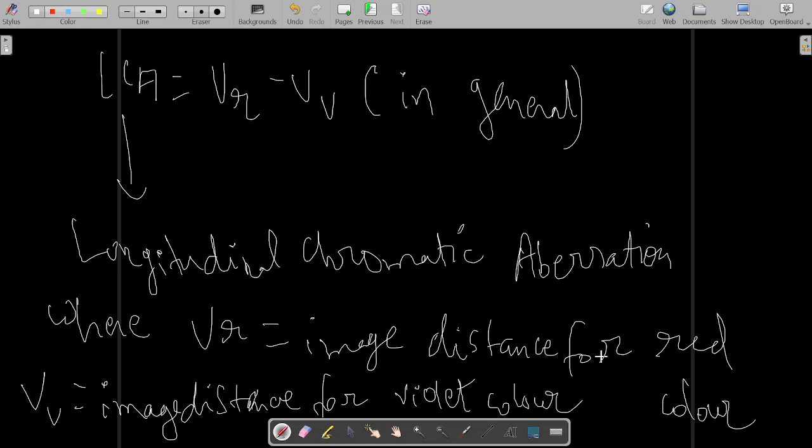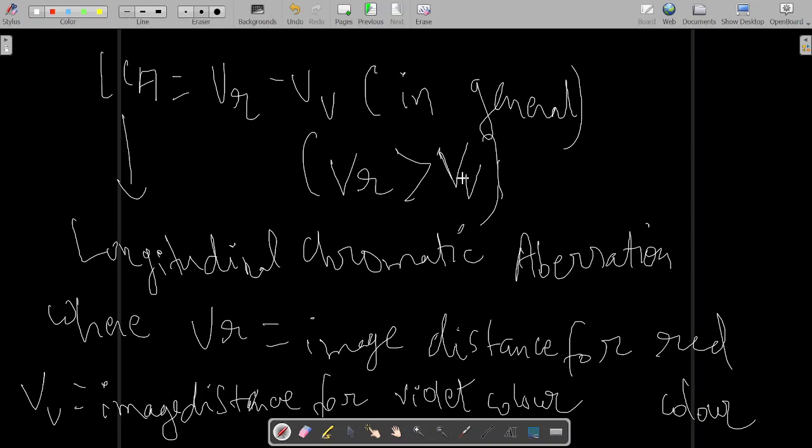Okay, never get confused. Your red color has a greater image distance because its refractive index is least, so its image distance is greatest because least deviation takes place. So VR is greater than VV, so that's why VR has been written first.